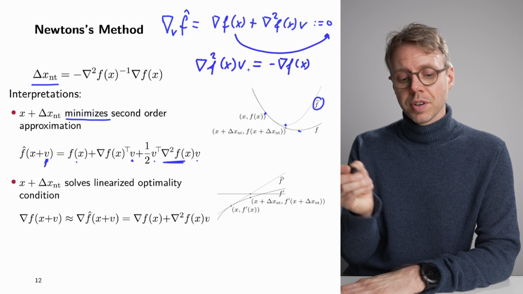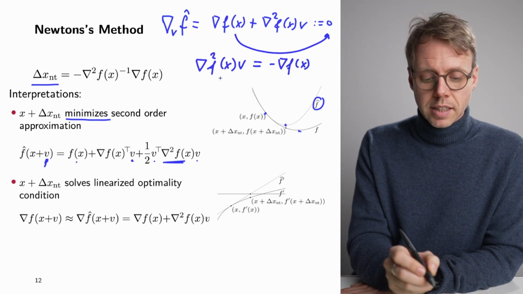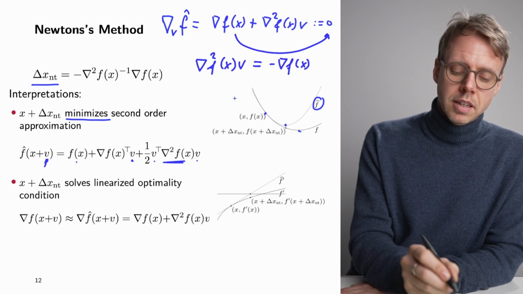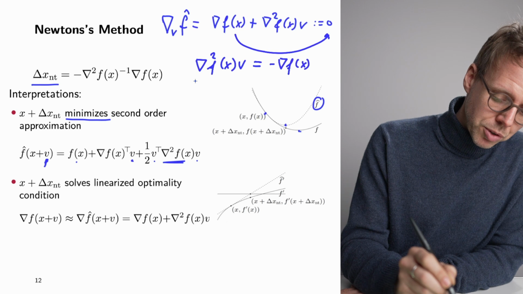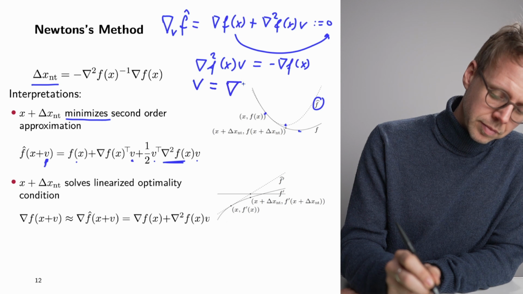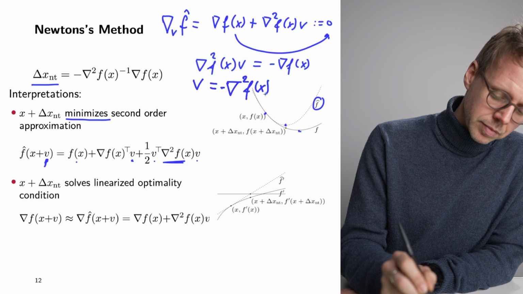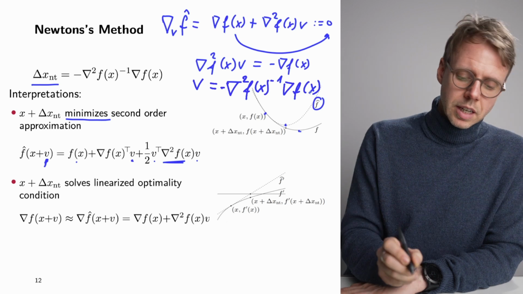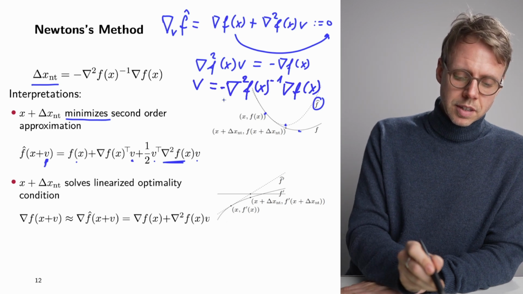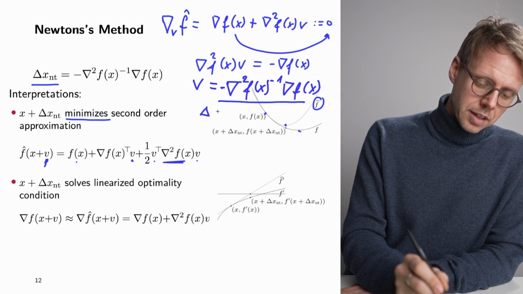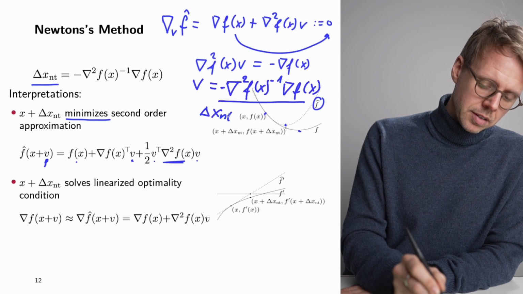And in order to solve for v, we have to get rid of the Hessian here, which means that we have to multiply both sides with the inverse of the Hessian, assuming that the Hessian is invertible, of course. And we see that the result of this is exactly equal to our delta x nt.